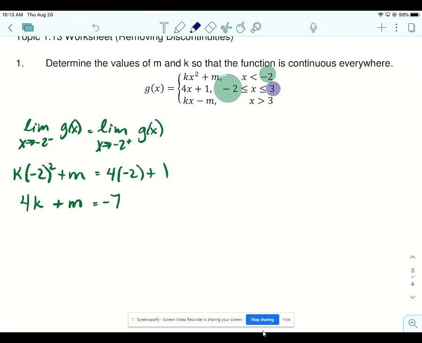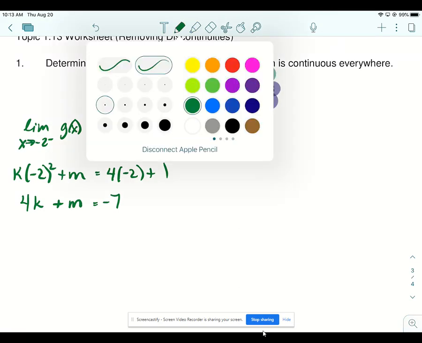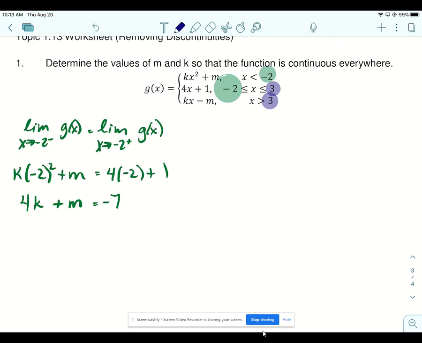So the other limits we're worrying about are when x is 3. So we need for the limit as x approaches 3 from the left of g of x to equal the limit as x approaches 3 from the right of g of x. So we will plug in 3.